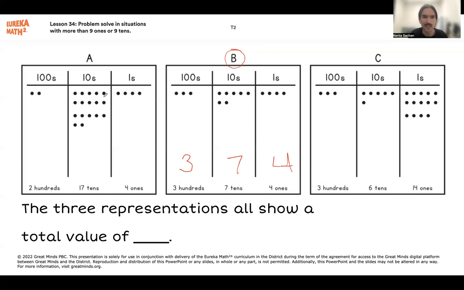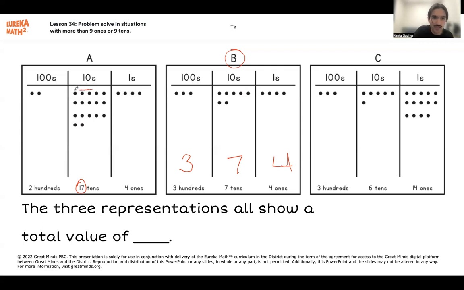Now let's look at A here. A looks a little bit different, and you might notice that in your tens, there's 17 tens. Remember yesterday, sometimes you're allowed to use hundreds and sometimes you weren't. So you have to draw a lot of tens or a lot of ones. You can take 10 of one place value, or 10 tens, and make it one of a bigger place value, or 100.